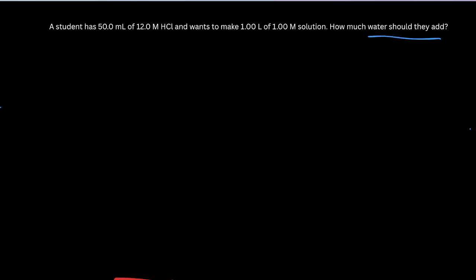And the other thing to keep in mind is to always remember what the question is really asking. Do not forget what the question is really asking. Like in this last problem, we're trying to actually find not the volume of the solution at the end, but how much water must be added in order to get there.